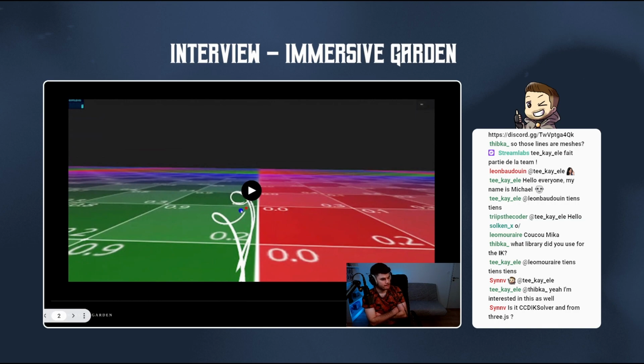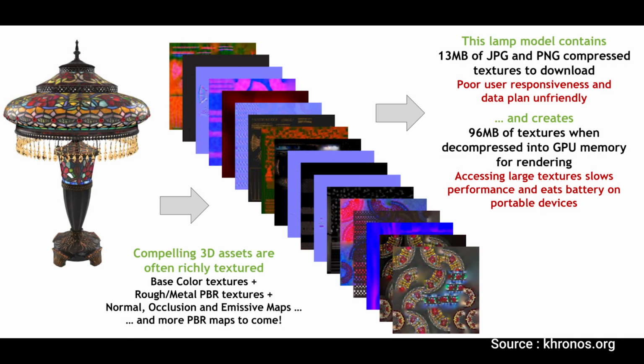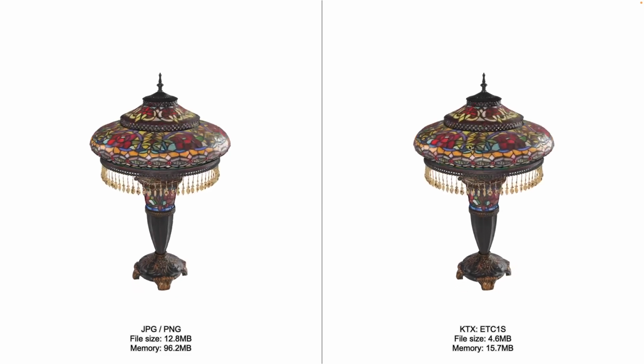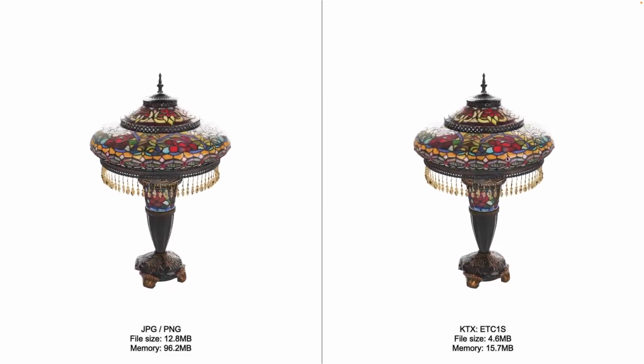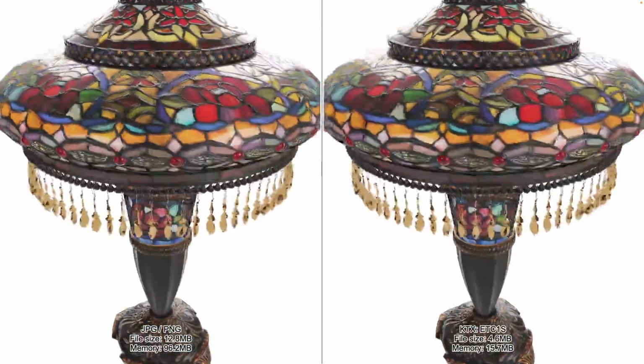You can, for example, use the basis compression or KTX2. If you have a PNG or a JPEG, it still has to be converted to something that the GPU can read. With the basis compression, you can almost on the fly load this texture to the GPU, and you won't have any hiccups on the CPU.